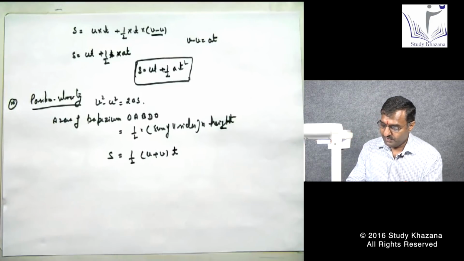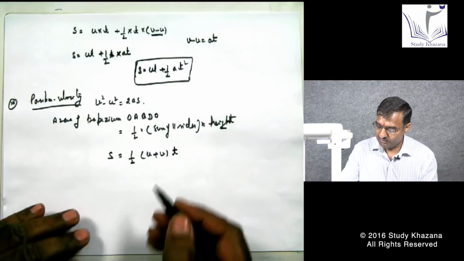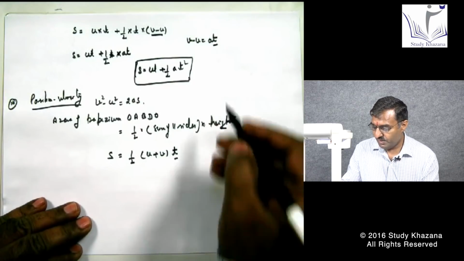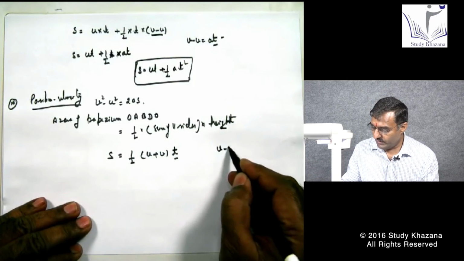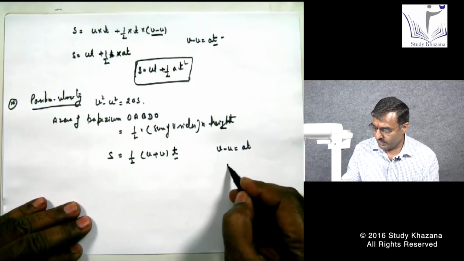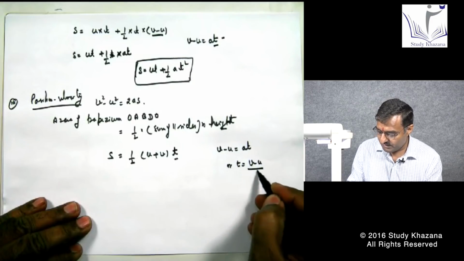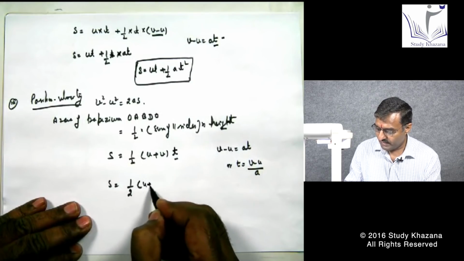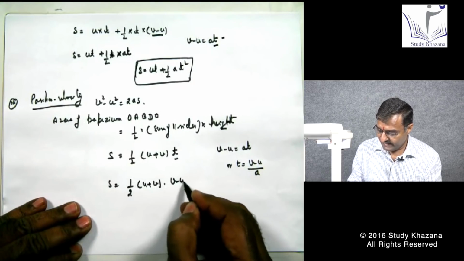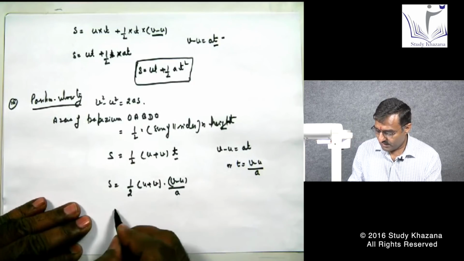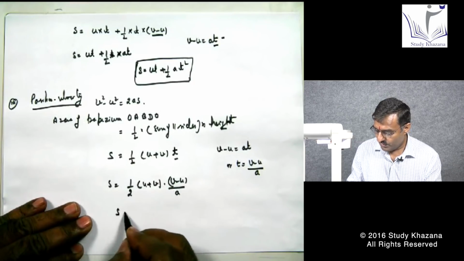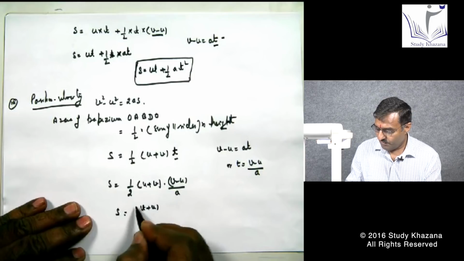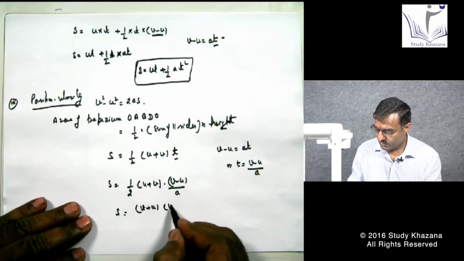So now what you have to do here? Here we have to put this value of T. From the first equation, V minus U equal to AT, or T equal to V minus U upon A. Here I am going to substitute this, S equal to half U plus V into T, where T is V minus U upon A. I can rearrange this as V plus U into V minus U divided by 2A.